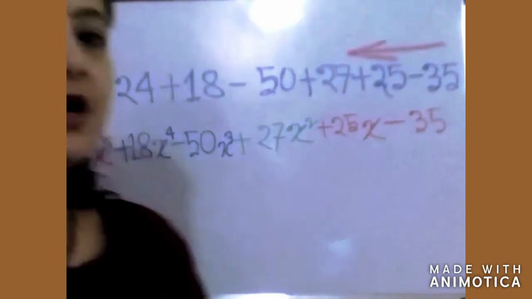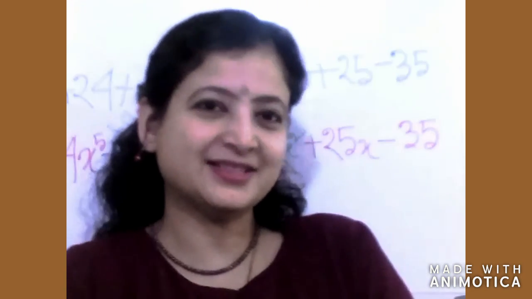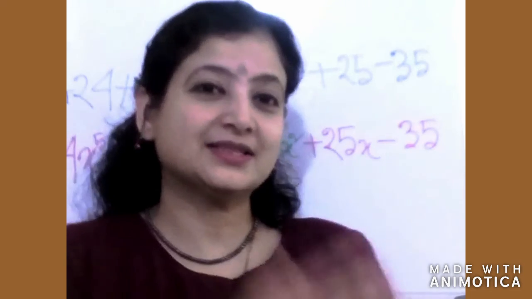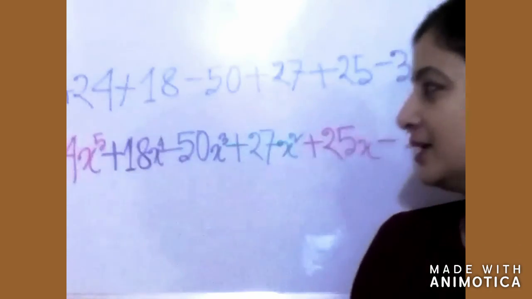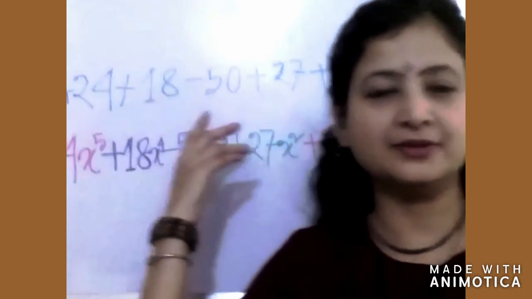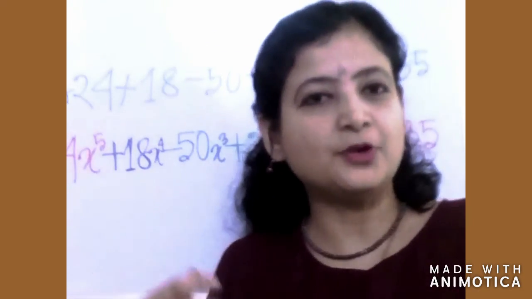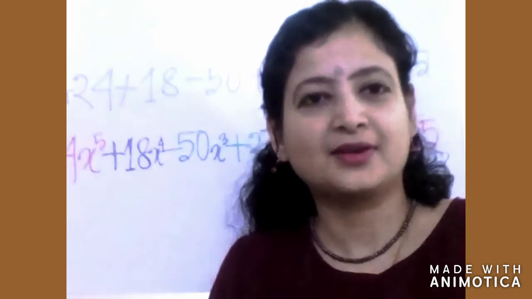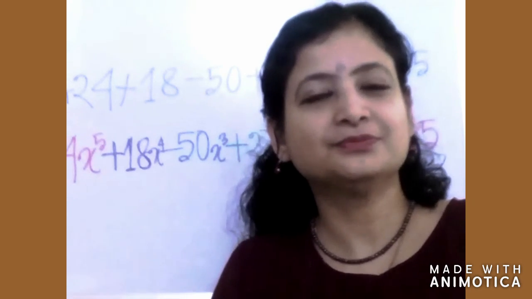That is the process of synthetic multiplication. Hope I made it understandable what synthetic multiplication is and how to do it. This is synthetic multiplication with one variable, but it is also possible with two variables, and one day we will try to show it.